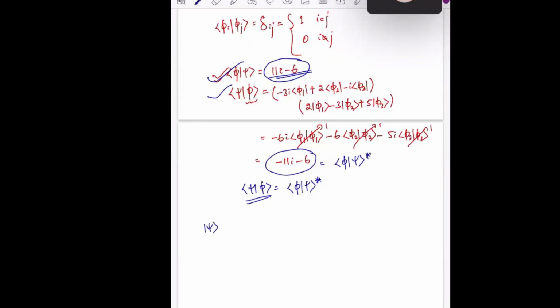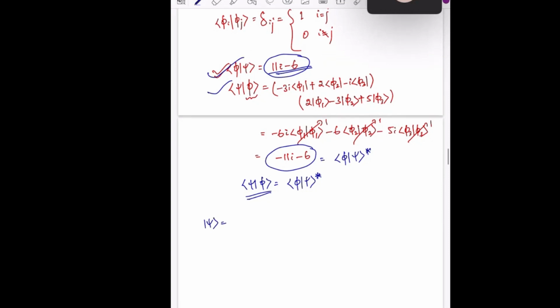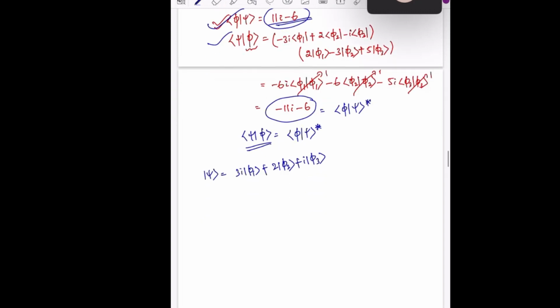What is psi? Psi is 3i phi 1 plus 2 phi 2 plus i phi 3. The constant vector is 3i, so multiplying this with the initial ket is simply multiplication by a scalar.